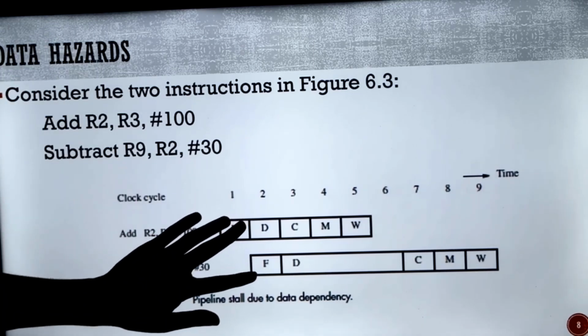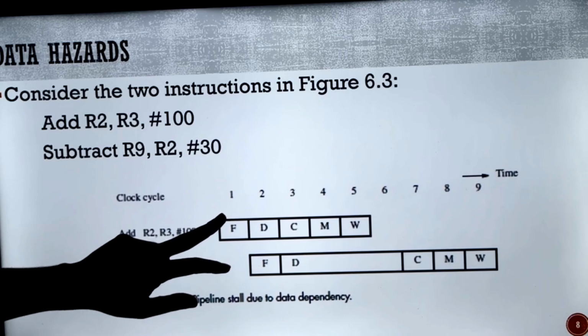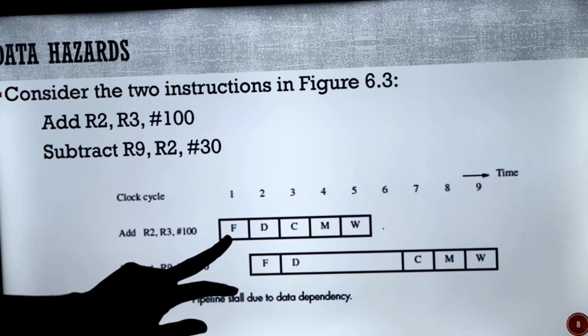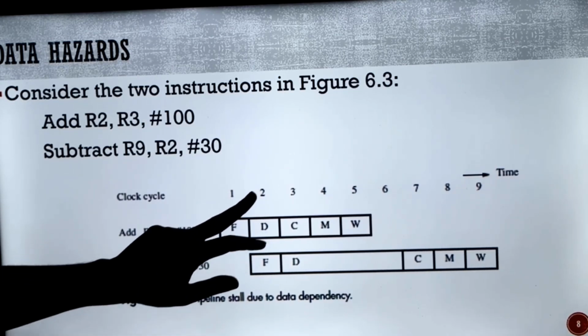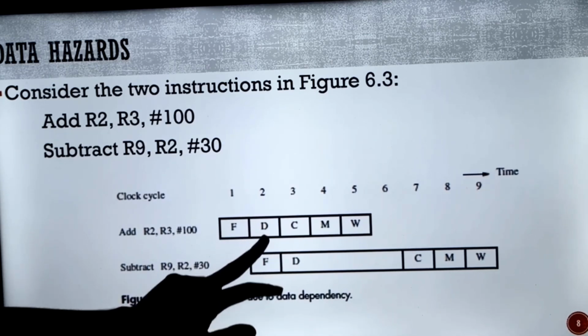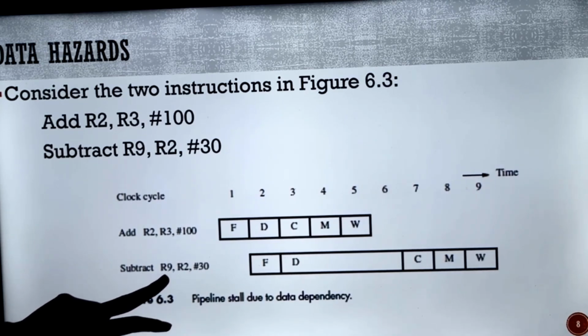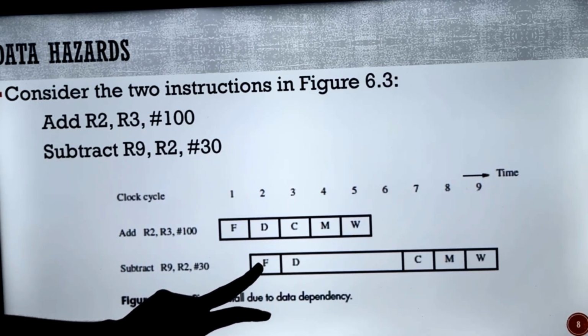So this is how it will look in traditional pipelining. In the first clock cycle, fetching of the first instruction is done. In the second clock pulse, decoding of the first instruction is done, and at the same time I can fetch the second instruction. Fine, no issue.